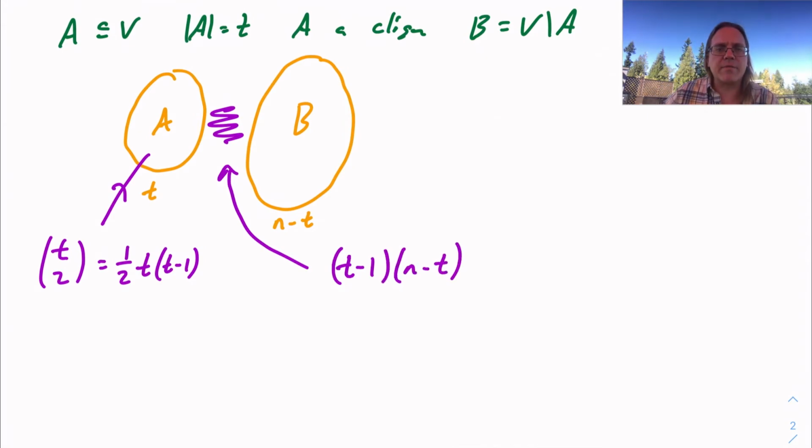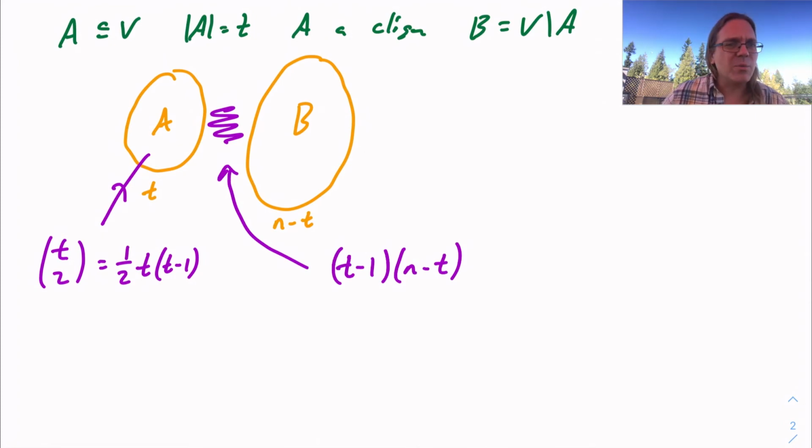Again, what I'm giving you here are upper bounds. Okay, so that's good. I've got at least a decent looking natural bound on the number of edges between A and B.